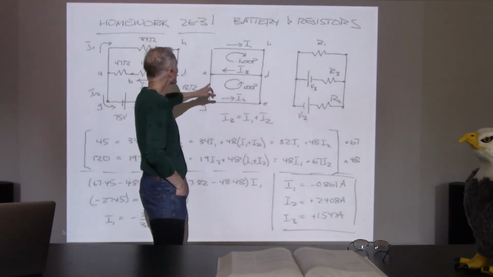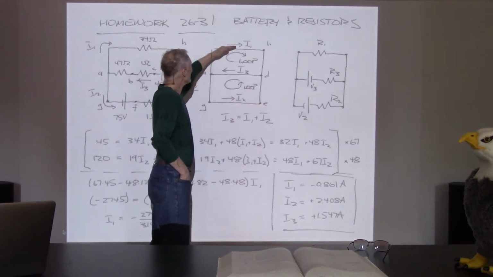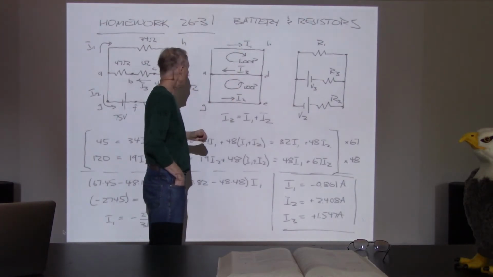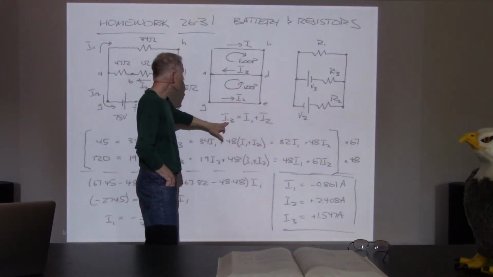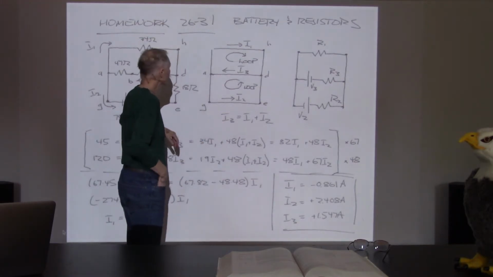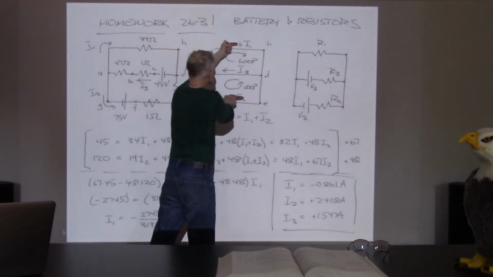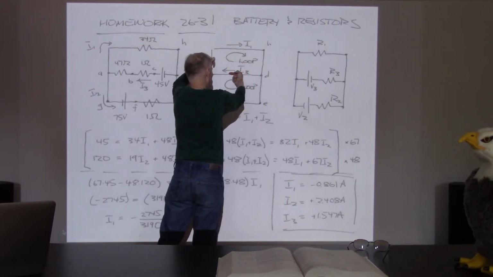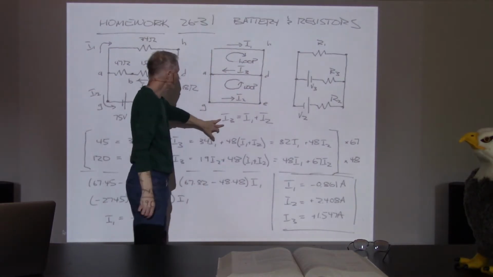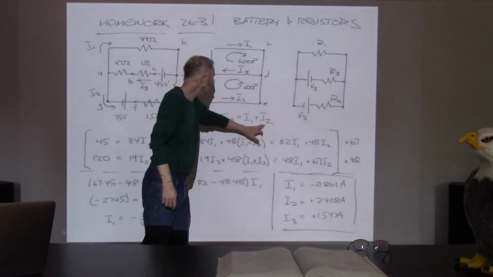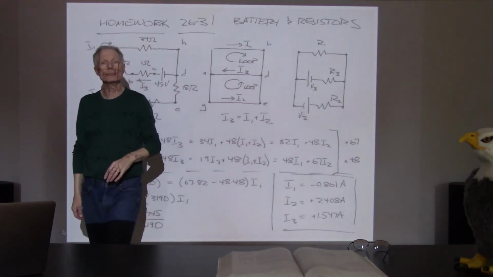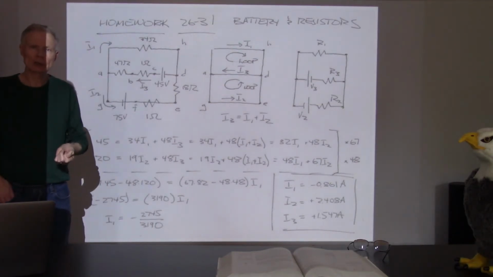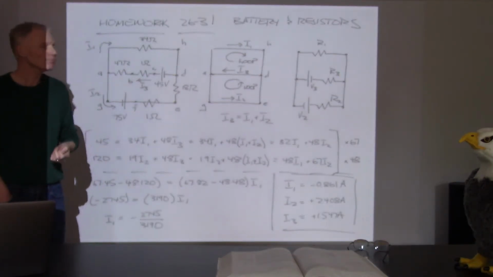So I redrew it here with my definitions of current directions, 1, 2, and 3. And I even wrote down a current expression saying that, look, if I have currents 1 and 2 coming into point D and current 3 is leaving, it must be that current 3's value is the combined value of current 1 and current 2. So that's an equation I can write down using a junction statement.